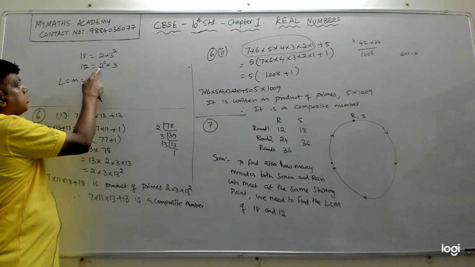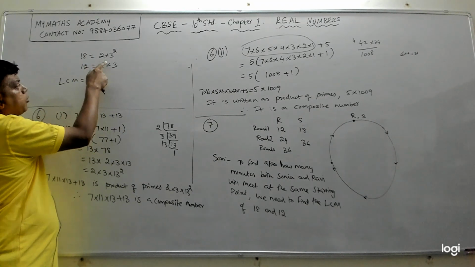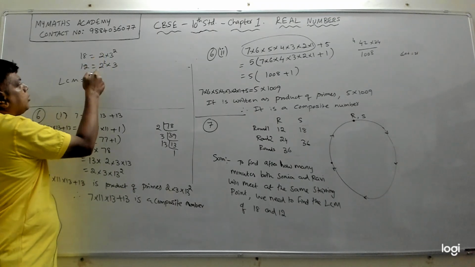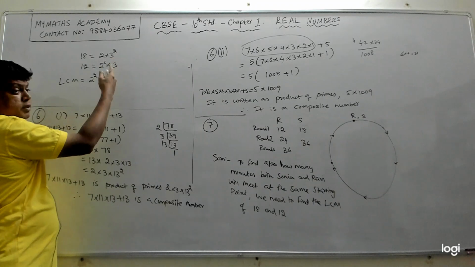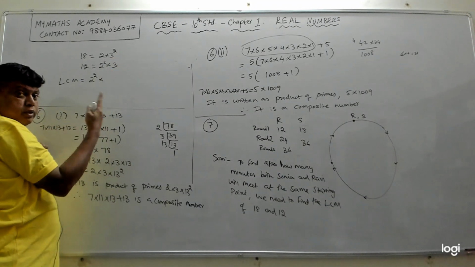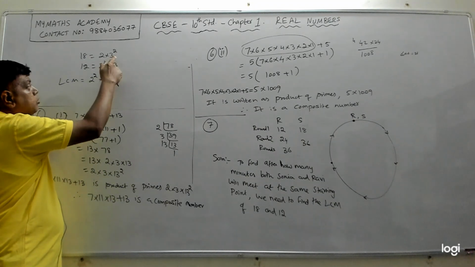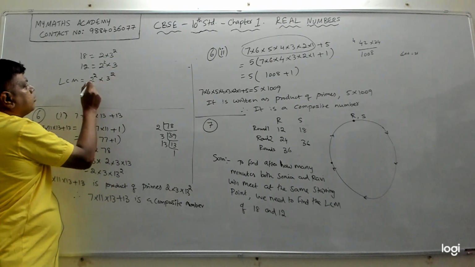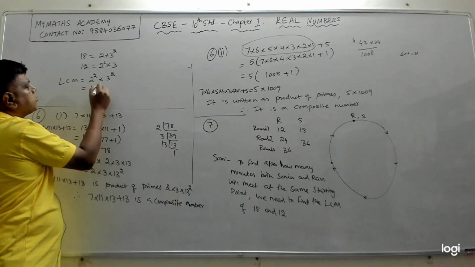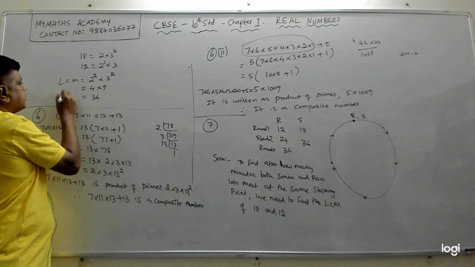For 2, it is 2 power 2 here and 2 power 1 there, so the highest power is 2 power 2. Again, 3 is present in both, 3 power 2 and 3, so the highest power is 3 power 2. So 2 power 2 into 3 power 2 is 4 times 9, which is 36.